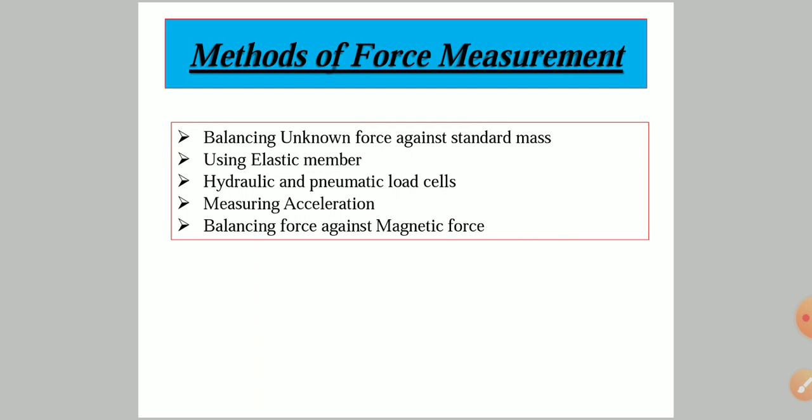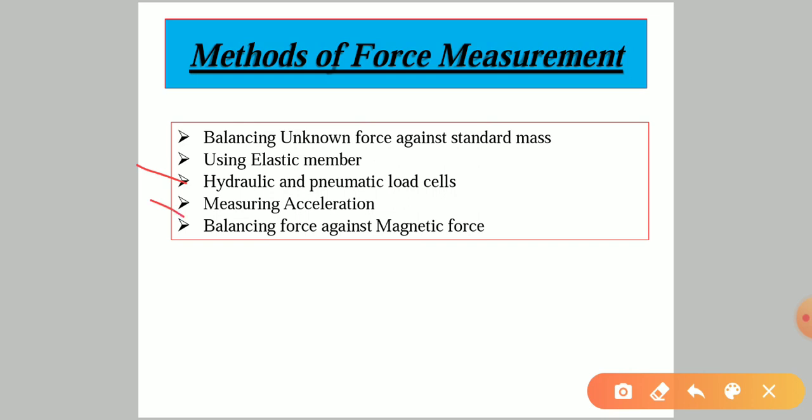The third method is hydraulic and pneumatic load cells. This translates the force to fluid pressure and then measures the resultant pressure. The fourth method is applying force to a known mass and then measuring the resultant acceleration.